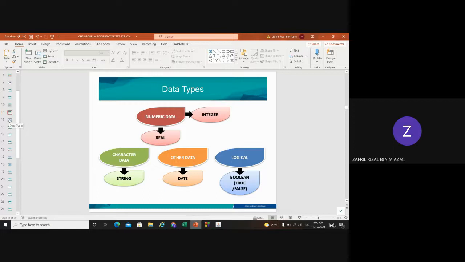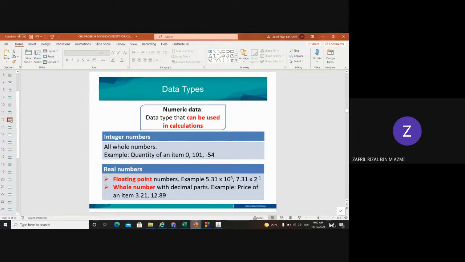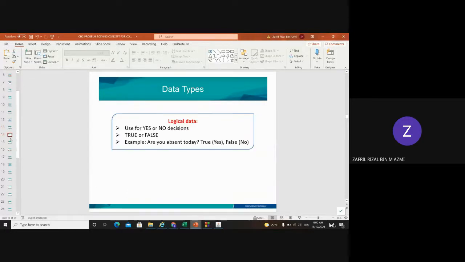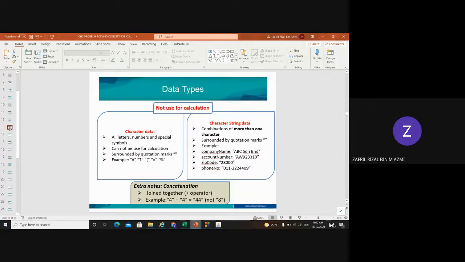Then when you already know what types of data you want to store in your program, once you know the actual type of data, then when you are declaring your variables, this is the explanation.